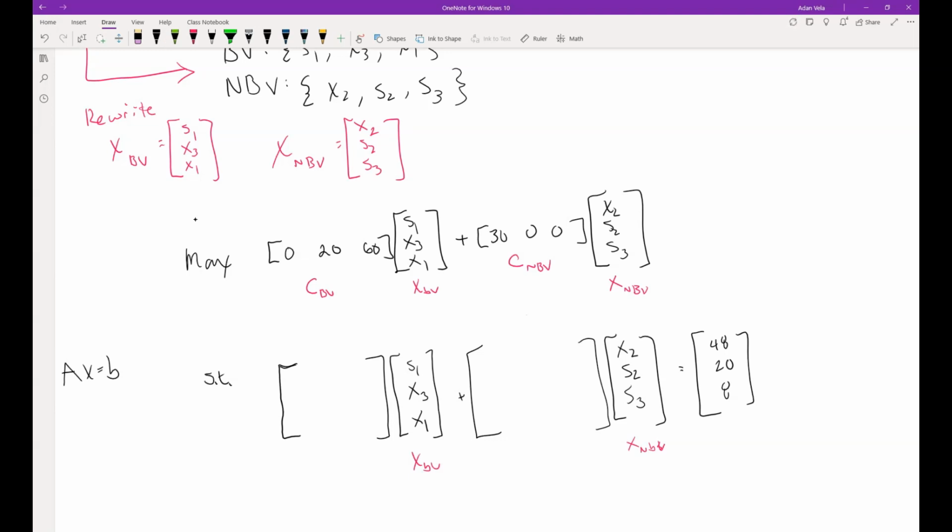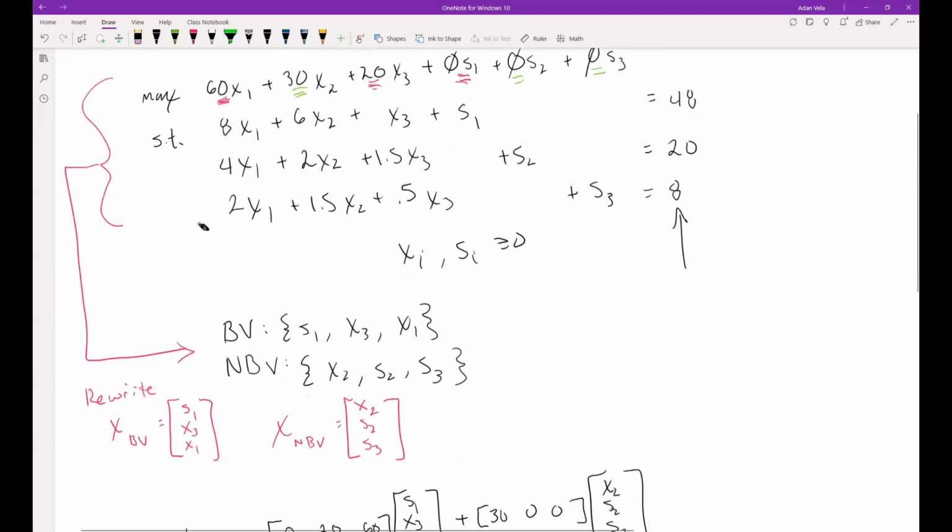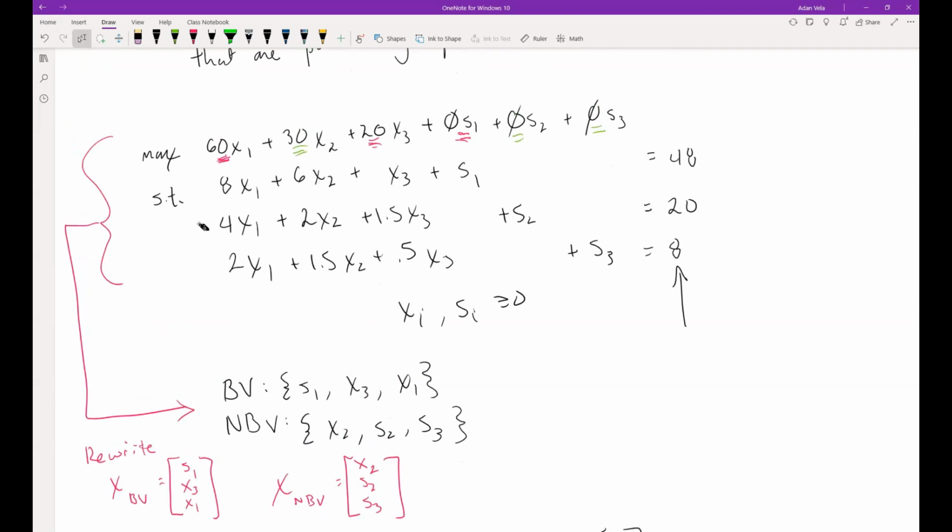Okay. All right. So what we're going to do is take the values of the matrices that correspond to the basic variables. So first we have the column corresponding to S1 because it's a basic variable. Then we have the column corresponding to X3. And finally, we have the column corresponding to X1.